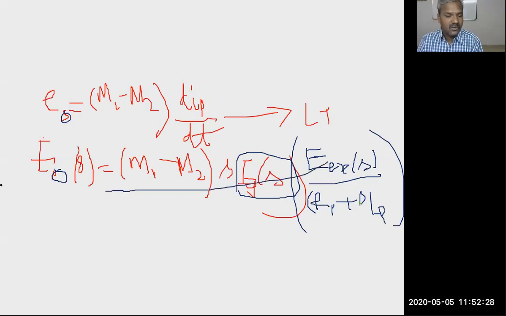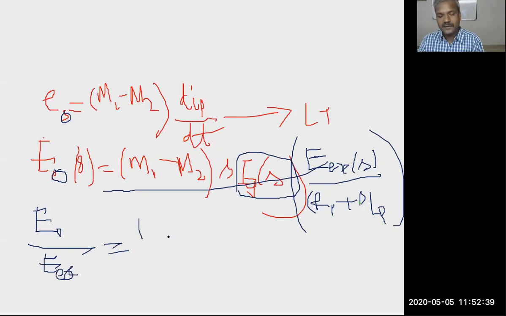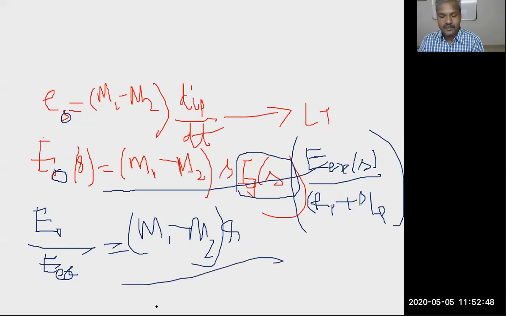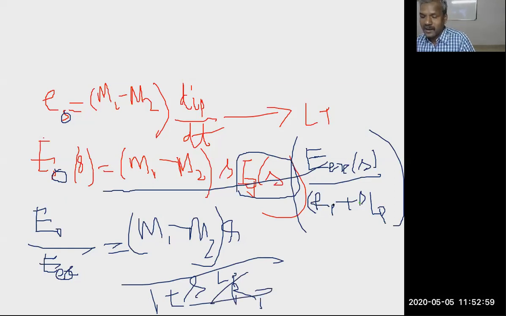The transfer function model is E naught of S divided by EX of S equals M1 minus M2 into S divided by RP into 1 plus S LP by RP. So divide both numerator and denominator by RP.